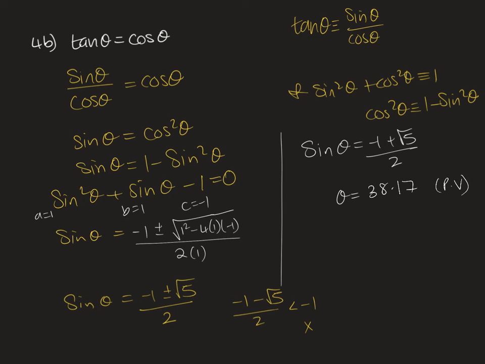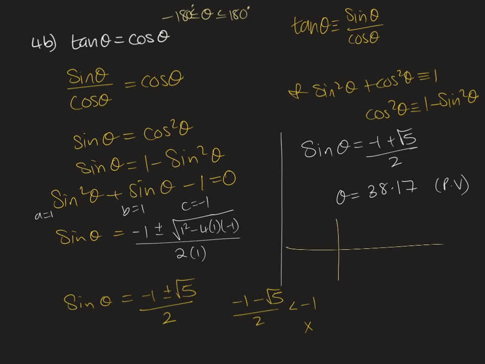And there's my principal value. Now we're working in theta. The bit that I forgot to mention at the beginning of this question was the range that we were working within, which for this question is negative 180 to positive 180 degrees. So my principal value is within that range, that's fine.